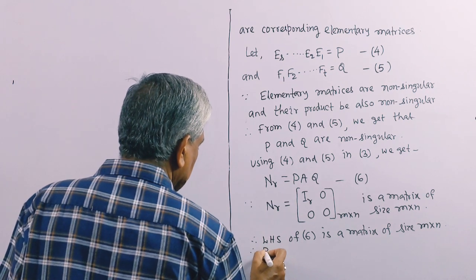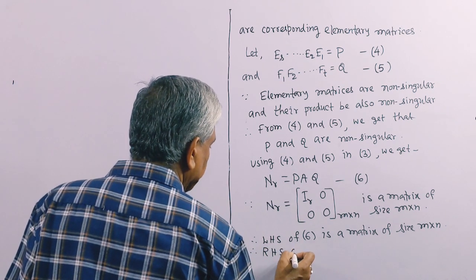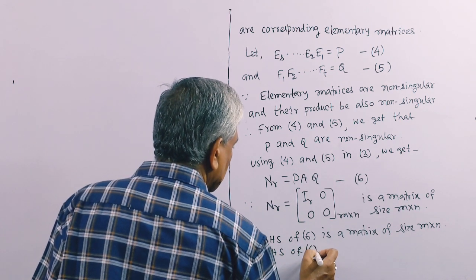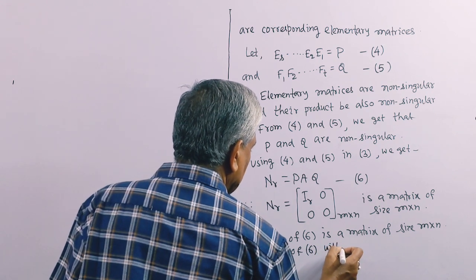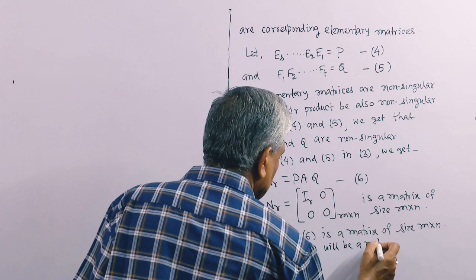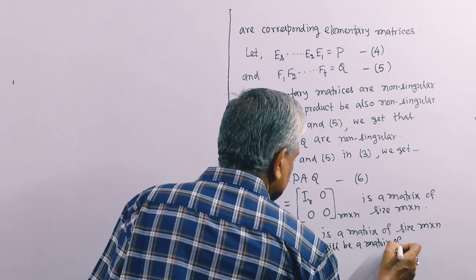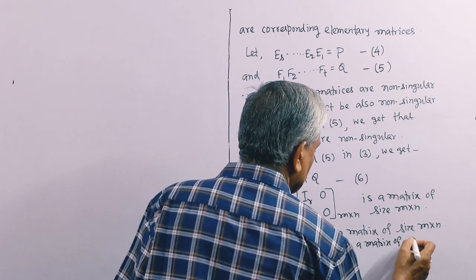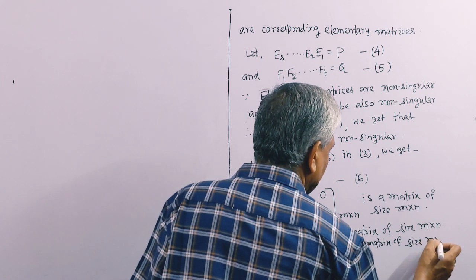Therefore, the right side of 6 will be a matrix of size m by n.